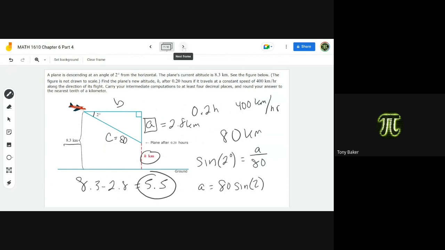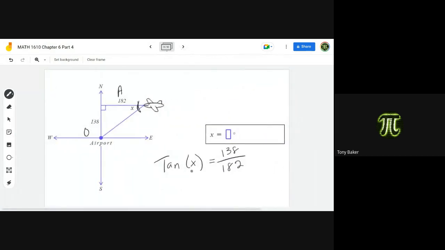Always set it up that way. Depending on where your x is, depending on what you're looking for, depends on how you're going to solve it. In these two problems, the letter was over here, so I can just multiply and solve it. In this one, the x is inside my tangent, so I'm going to have to use the arctan or the inverse tan to find it. But I always set up the problem without that, so your process is the same for every single problem.